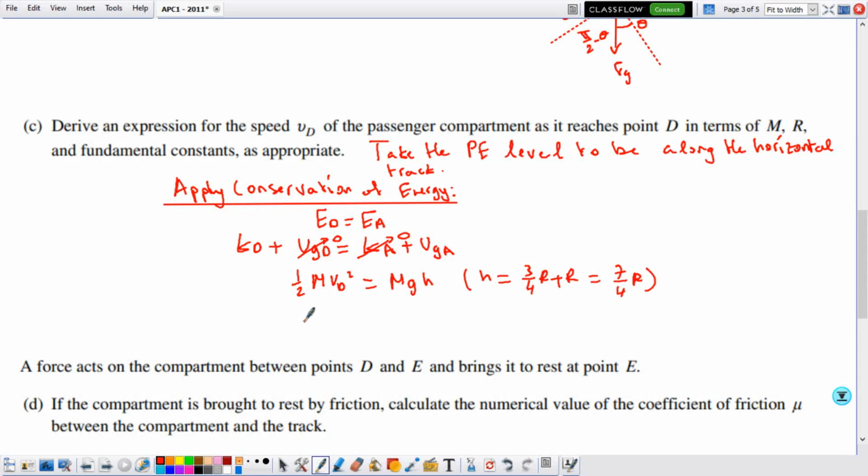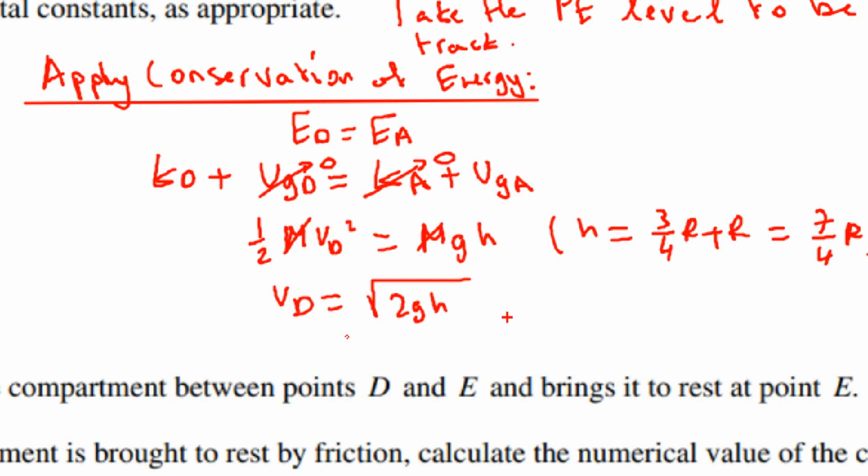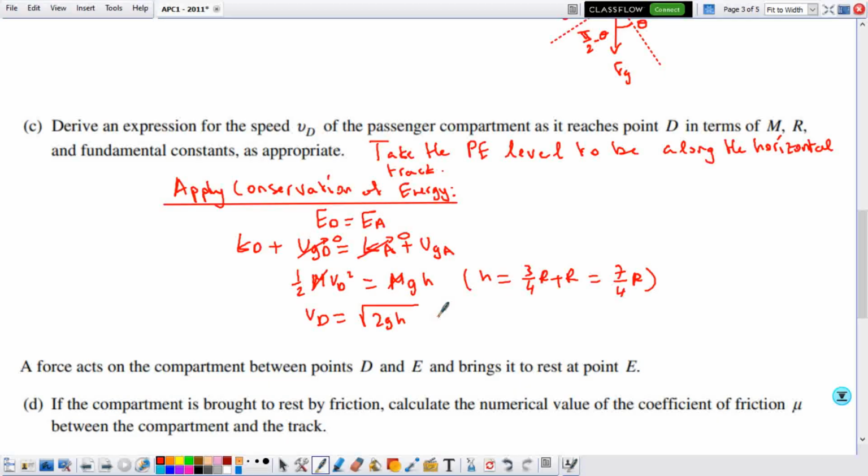And now in this case m cancels, and we can say that the speed at the point D is given by the square root of 2gh, and this is expected because it's a complete free fall with no friction, with no initial speed. That would be the radical of 2g multiplied by 7 over 4 multiplied by r, and that would be the square root of 7 over 2 r multiplied by g.